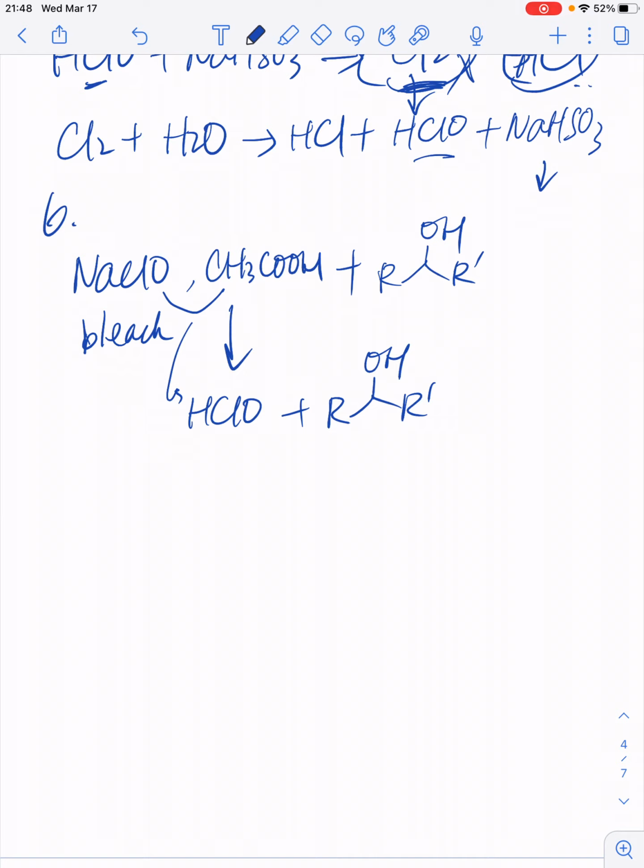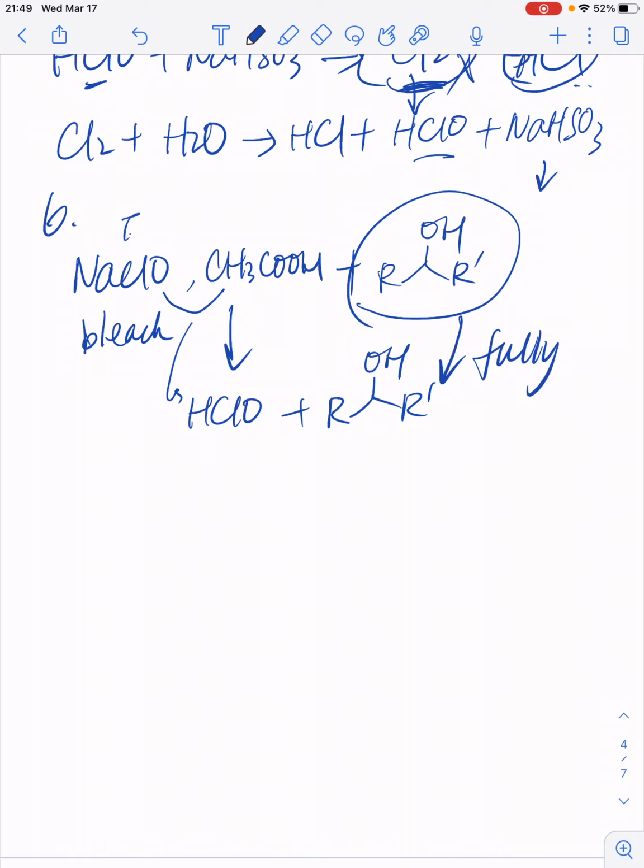If I ask you to design the experiment, the first thing you want to make sure is to have one of the reagents in excess to make sure the other one goes to completion, to go through exhaustion. In this reaction, you would want your alcohol to be fully oxidized.